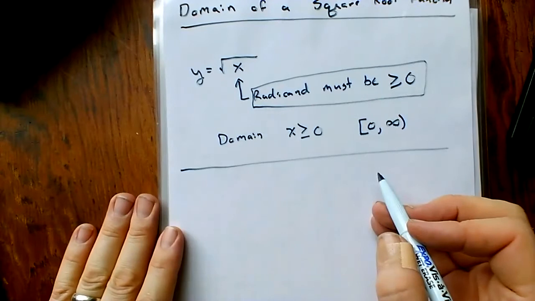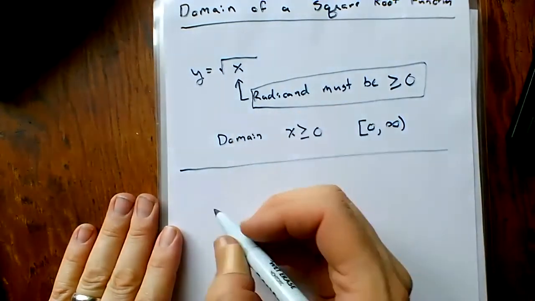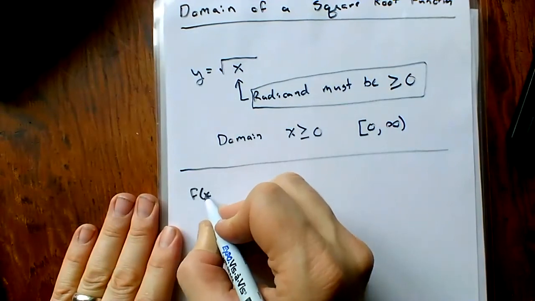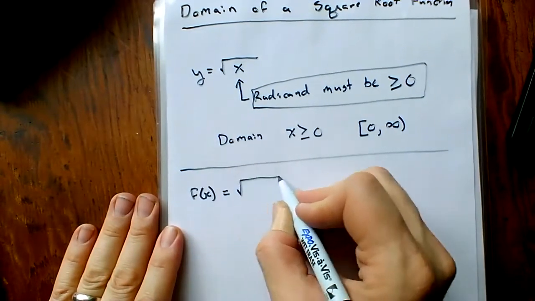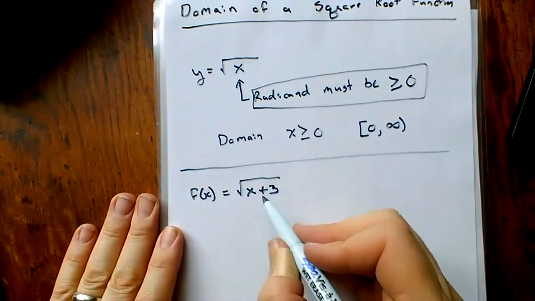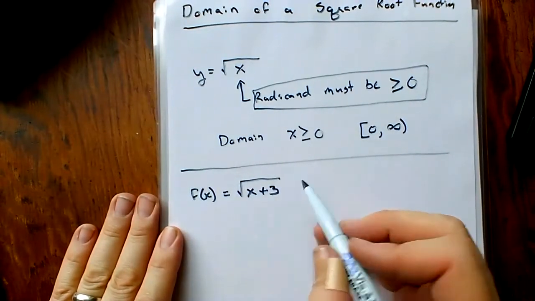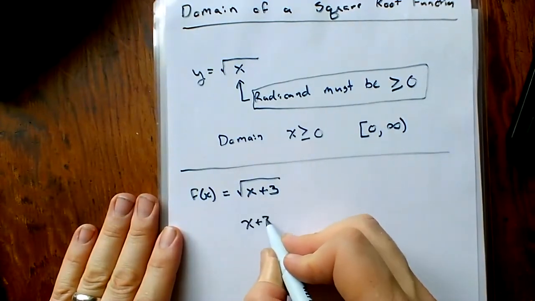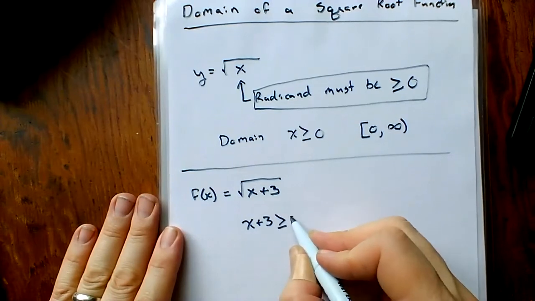When I'm looking at things that are maybe a little bit more complex, say I've got f of x is equal to the square root of x plus 3. Well, once again, I'm just setting this radicand greater than or equal to 0. So here I would say x plus 3 has got to be greater than or equal to 0.